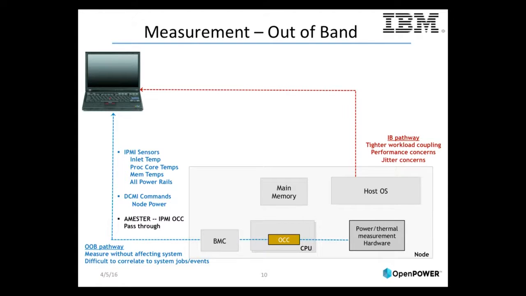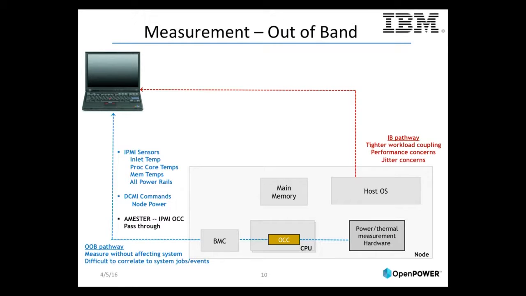So the other way to do it is go out of band. So if you go out of band here, this is going through the BMC. The standard IPMI sensors are supported. So you can get all your temperatures, inlet temperature, processor, core temperatures, as well as power from every rail. DCMI is supported, which gives a little more flexibility for reading that power. The new thing here is Aimster. That's been open sourced. And so that is an IPMI pass-through interface.